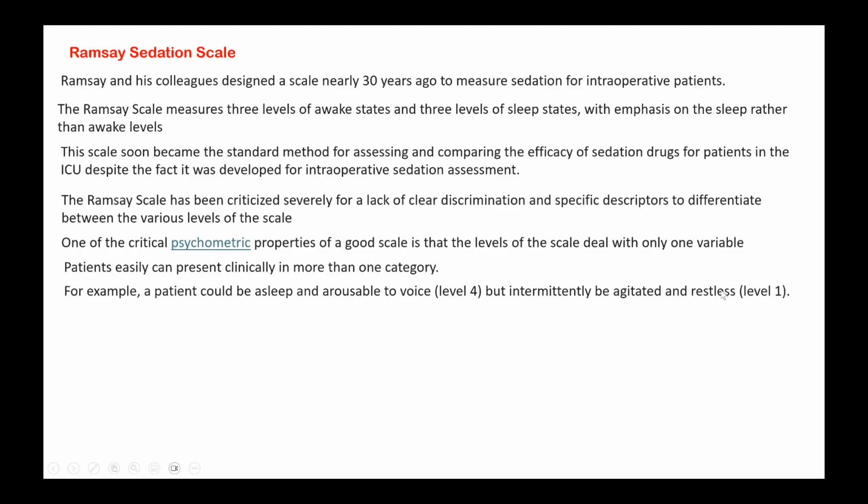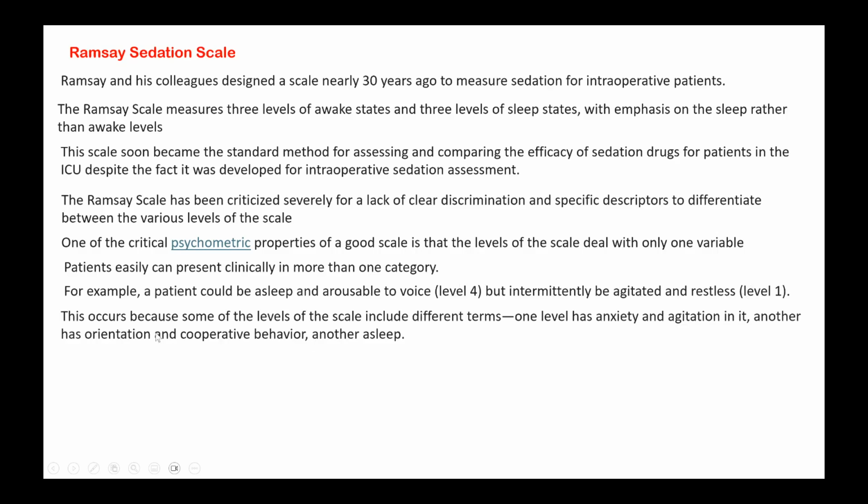So this sort of thing can happen in the ICU, which means he will come under category 1 or level 1. So this sort of intermittent confusing state can happen, and this occurs because some of the levels of the scale include different terms. One level has anxiety and agitation, and another level has orientation, cooperative behavior, and another one says patient is asleep. So this sort of variable behavior included in the same level makes it difficult to exactly differentiate the level of sedation in this scale.